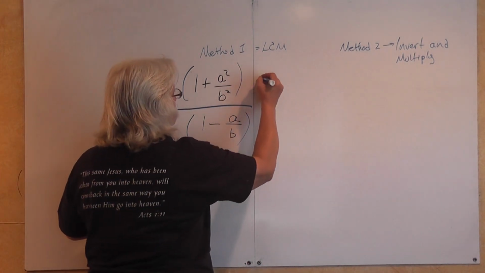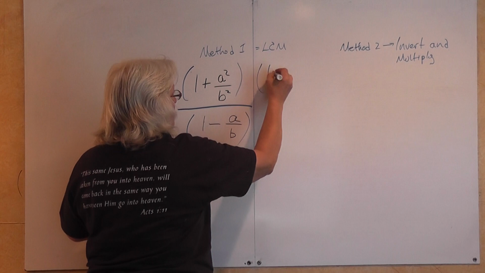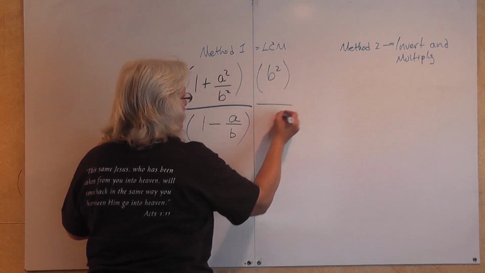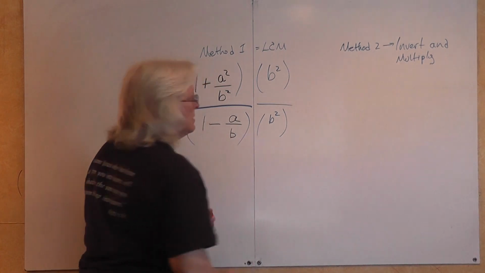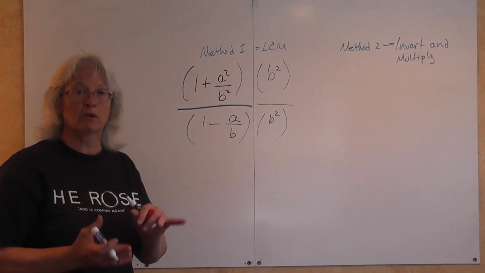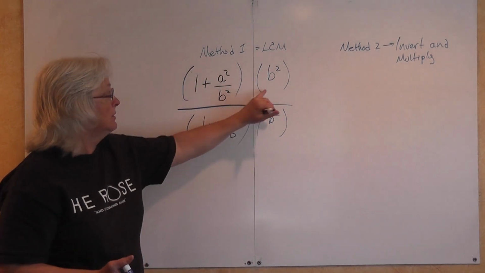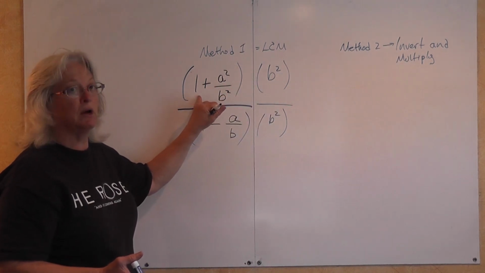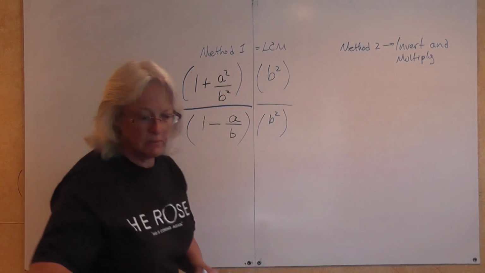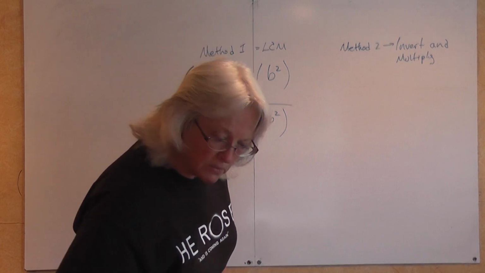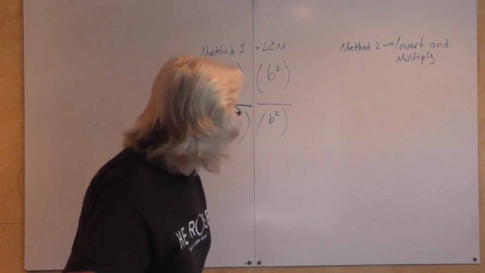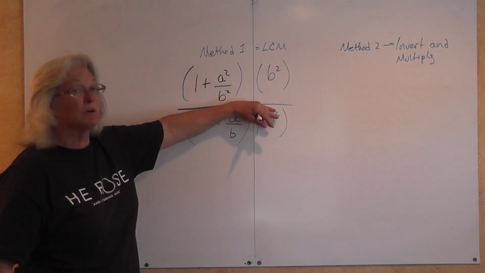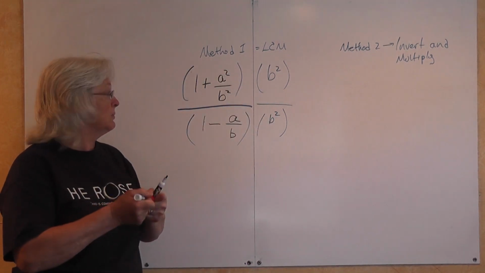So we are going to multiply both the numerator and the denominator by b squared. And what are we going to have to do here? We have to distribute, don't we? Now let me glance at this. I want to check something really quickly. Okay? Let's work on the numerator first. What do we have?